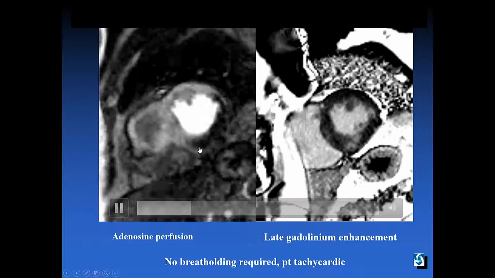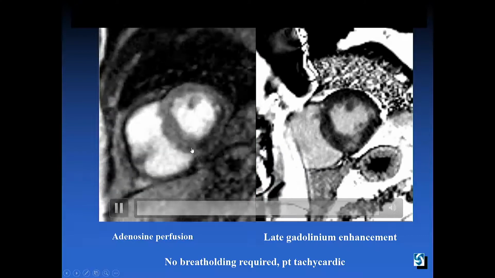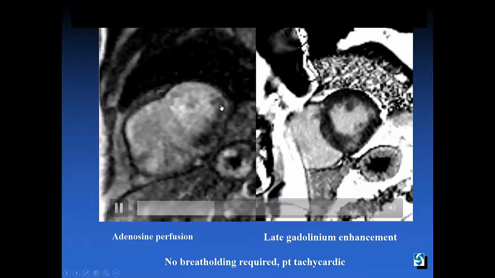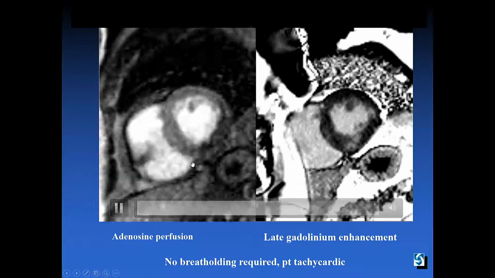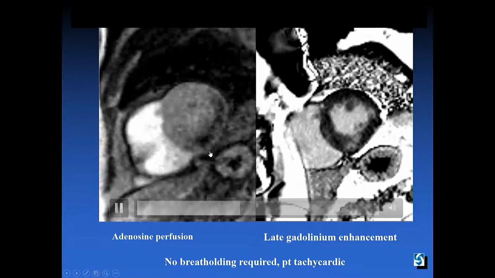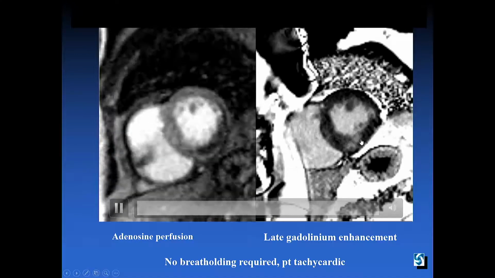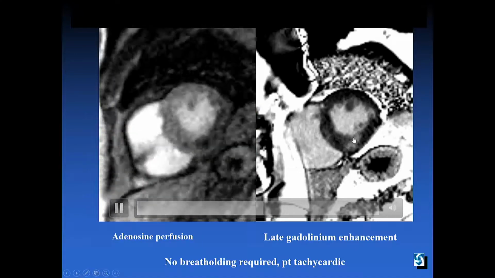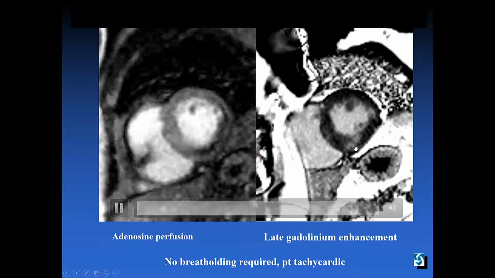You can see the stress perfusion. There's a dense perfusion defect from 6 o'clock all the way to about 2 o'clock. Now the interesting thing is that this perfusion defect during stress, which represents ischemia, is overlying two foci of clinically unrecognized small infarction.